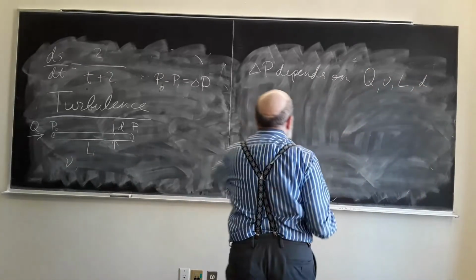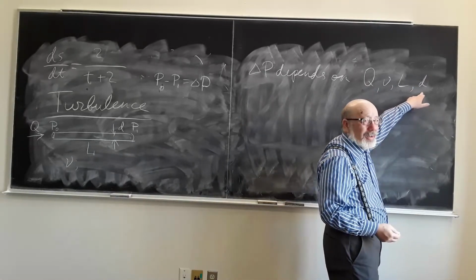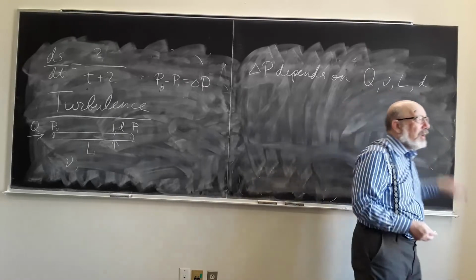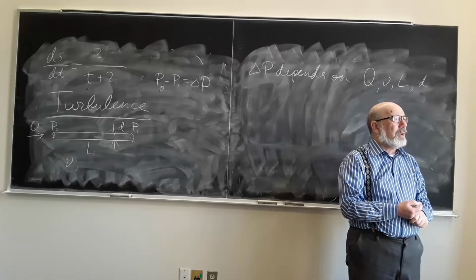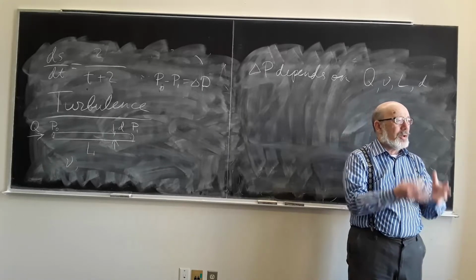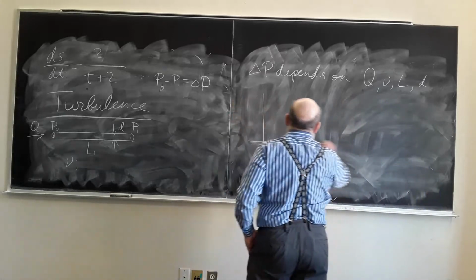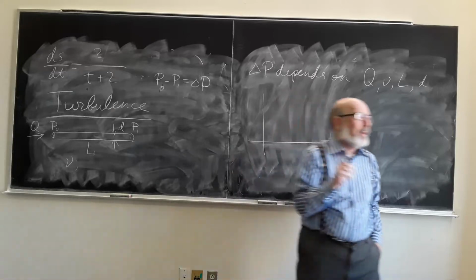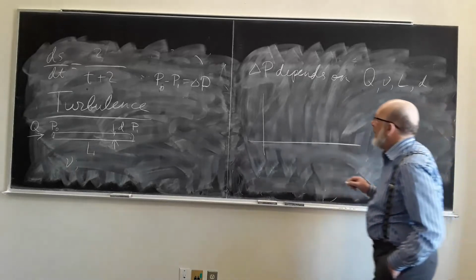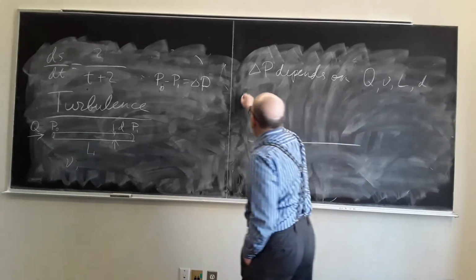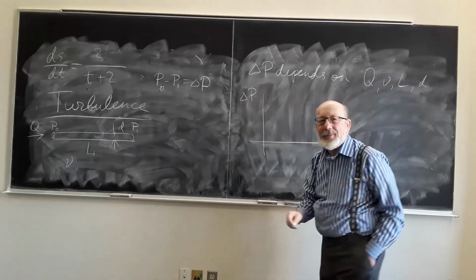Now, if you keep Q, L, and D constant, and vary just mu, so you can take different sorts of liquid, or take a liquid and change the temperature somehow. Then you have the following dependence, which is the most famous graph in mechanics. How does delta P, this pressure drop, depend on viscosity?